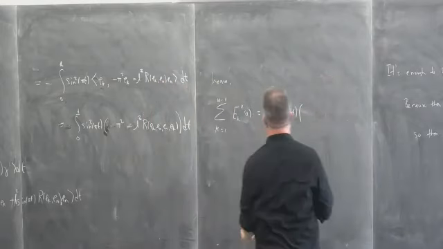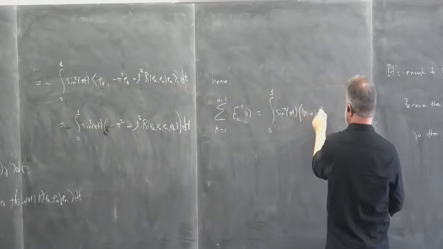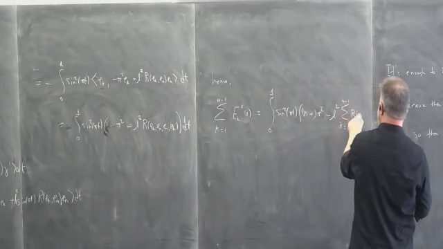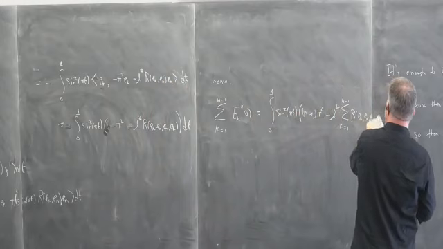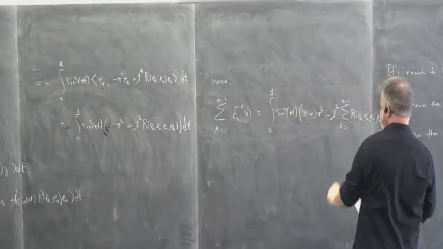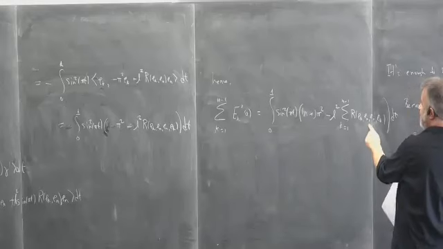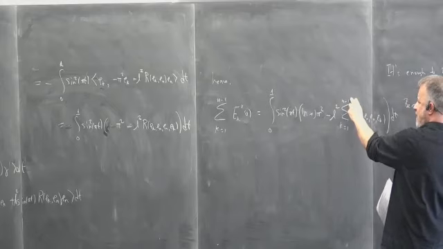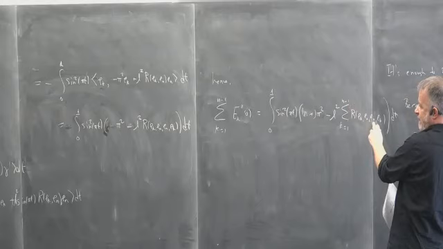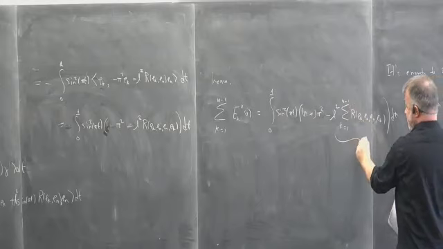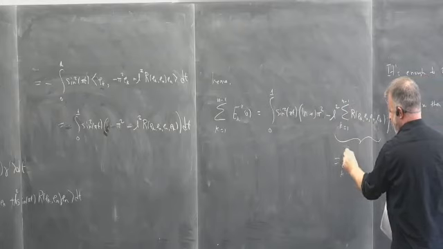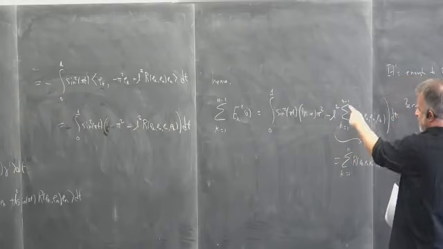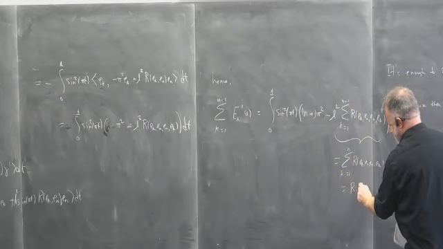Here, this is just constant, so I'm going to have n minus 1 times pi squared minus L squared times the sum from k equals 1 to n minus 1 of R of Ek, En, En, Ek, dt. Okay, and what is this? If these are orthonormal, right? So if I was summing all the way up to n, it would be Ricci of En, En. But when k equals n, this gives me 0 anyway. So this is equal to the sum from k equals 1 up to n of R of Ek, En, En, Ek, because the only extra term I've added is 0, which is Ricci of En, En.